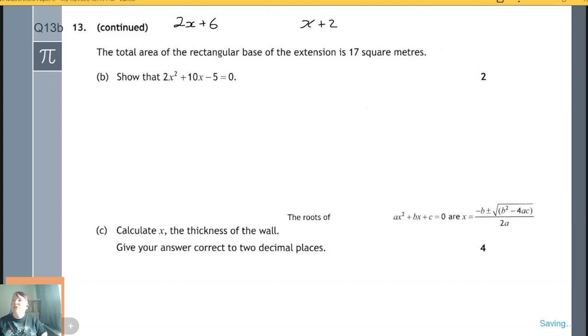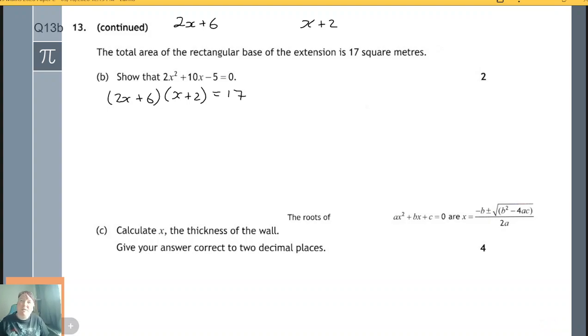Total area of the rectangular base of the extension is 17 meters squared. Well, we know the two directions. We know how to find the area of a rectangle. So it's going to be 2x plus 6 times x plus 2. And we're told that that equals 17.